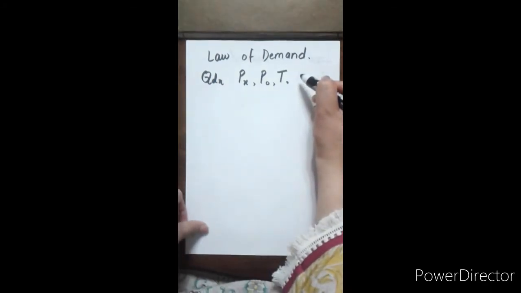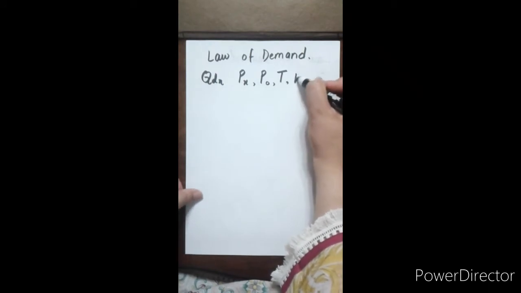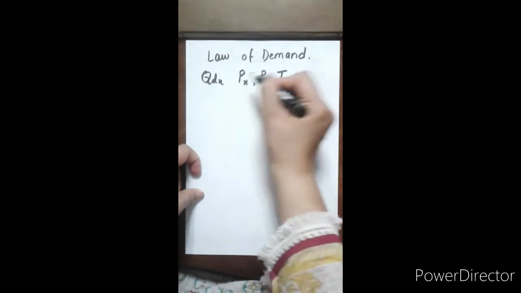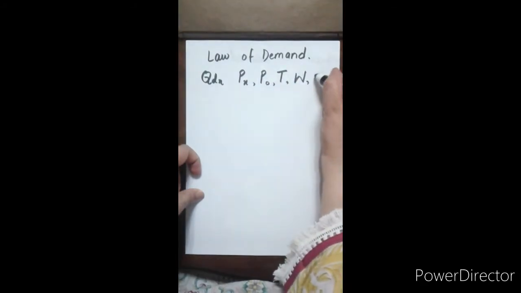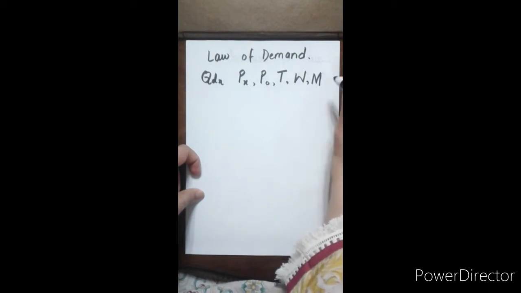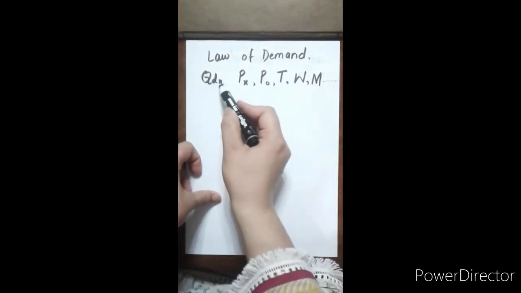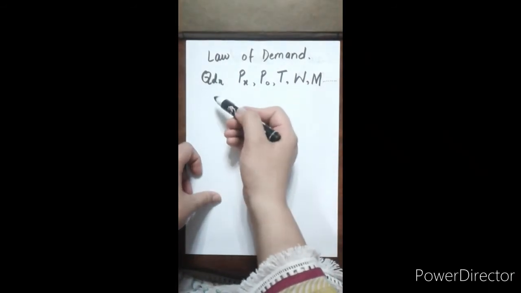Quantity demanded of anything may also depend upon weather conditions. And one more very important one, I should have mentioned it earlier, the amount of money income that a household has. So all these, and there are many other factors which affect quantity demanded of any commodity or any product.